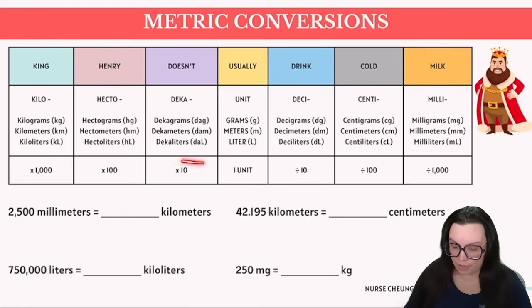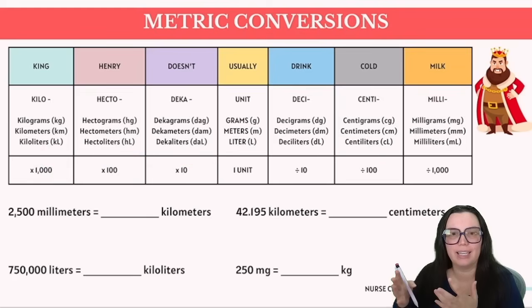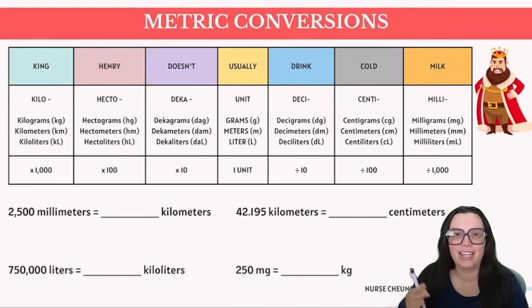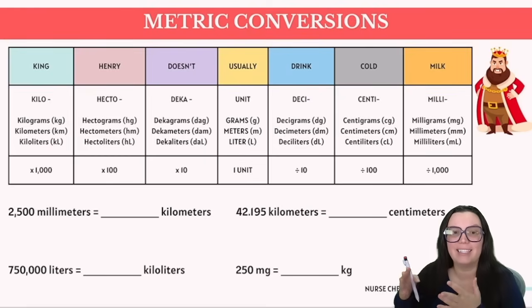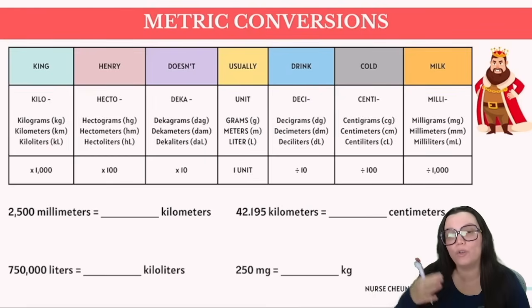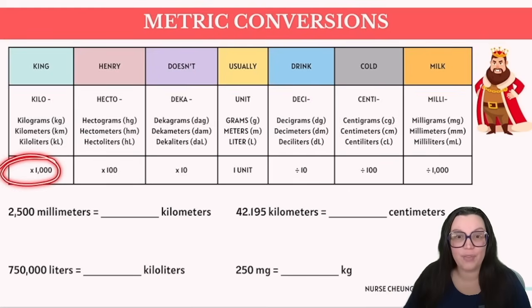Conversely, as we move leftward from our units, we're going to encounter the higher numbers, our King Henrys, right? Our deca, hecto, and our kilo, each representing a 10-fold increase over our base unit. So a kilo therefore signifies a quantity of 1,000 times larger than our base unit.